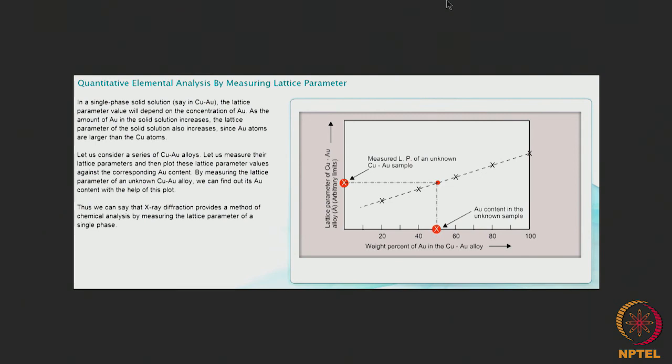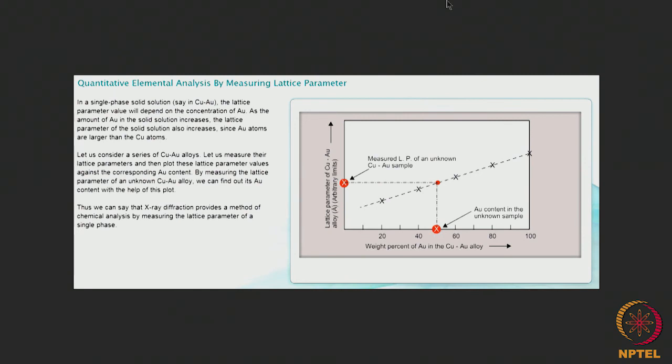By measuring the lattice parameter of an unknown copper gold alloy, we can find out its gold content with the help of this plot. So in this plot, the lattice parameter of the solid solution has been plotted along the y-axis, and the weight percent gold has been plotted along the x-axis.